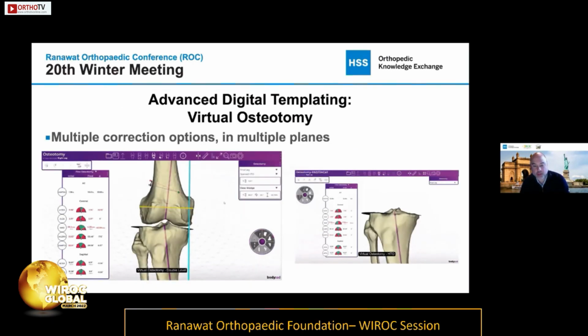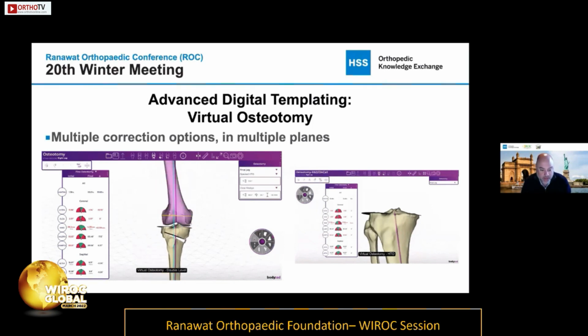So you can eventually start doing multiple corrections in multiple planes, not only a coronal correction, but a sagittal correction. In this scenario, you can do a double osteotomy correction. So it really gives you a lot of tools and a lot of information.